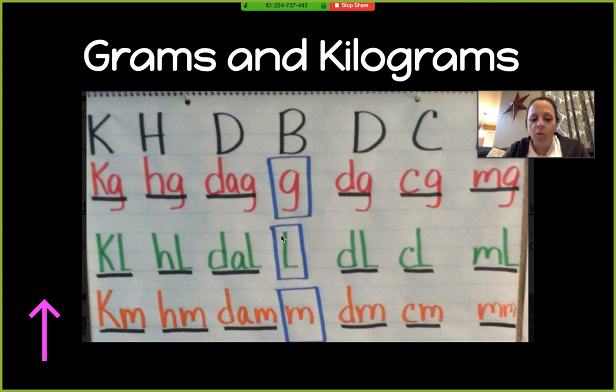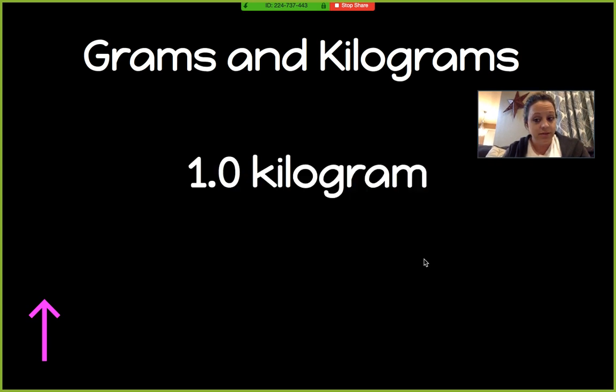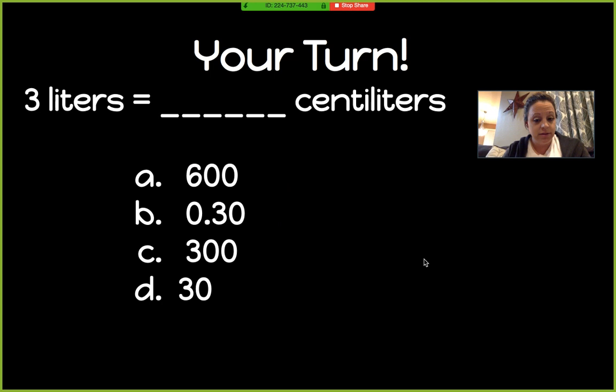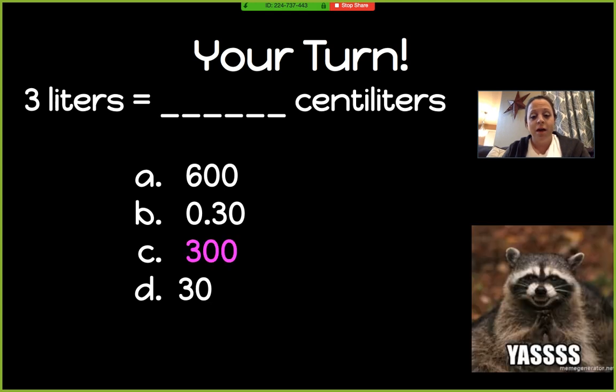We know we have 3 liters. 3.0. Centiliters is 1, 2 places to the right. So, pause the video and solve it. Hopefully, you got 300 centiliters.